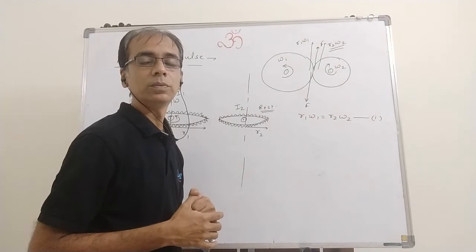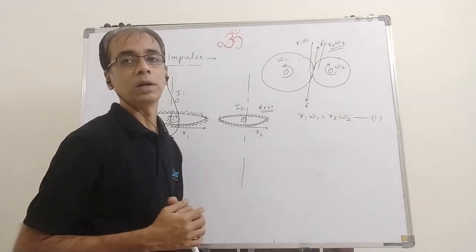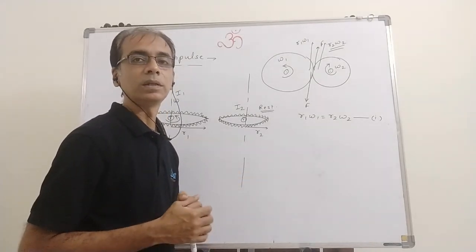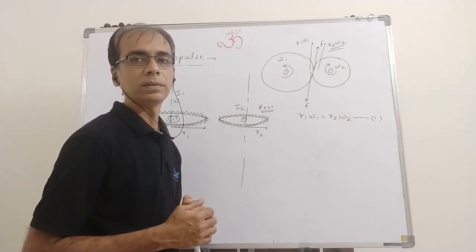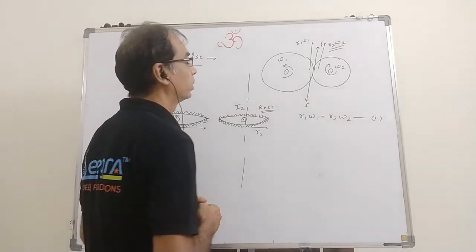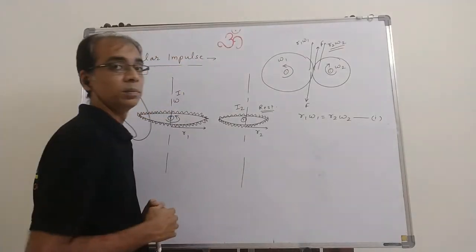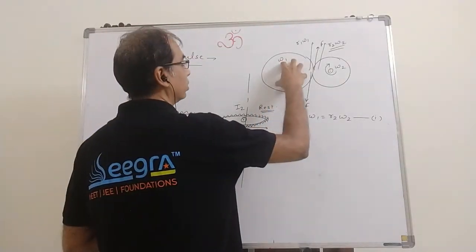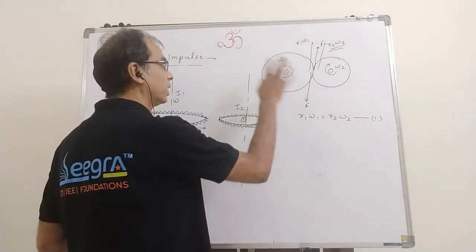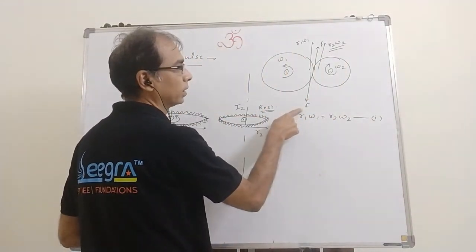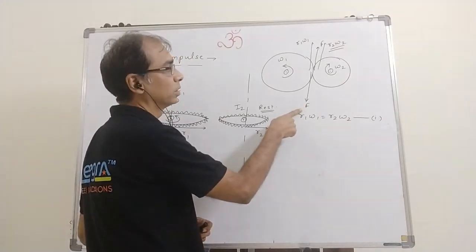Right? Then what to do? Now we'll talk about angular impulse. You can think about angular impulse in this case. Right? So what can we say about angular impulse? We'll talk about it individually. It's angular impulse on this one and angular impulse on this one. On this one, this force is applying, right?